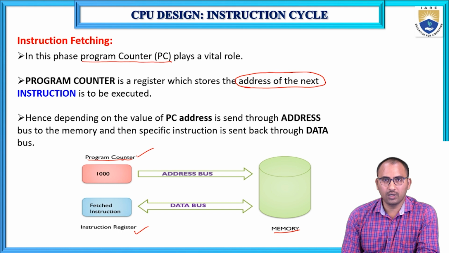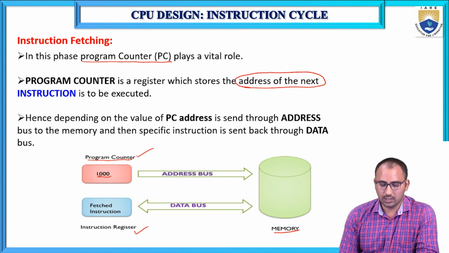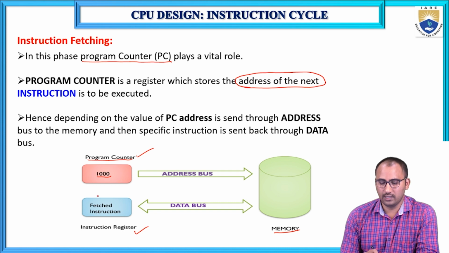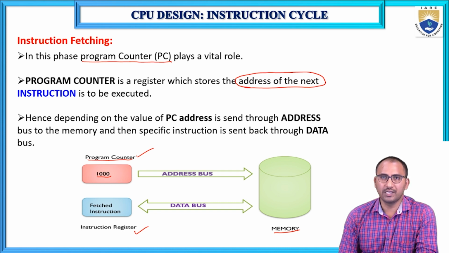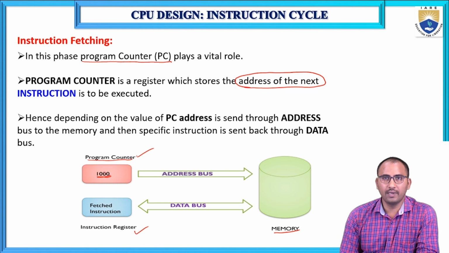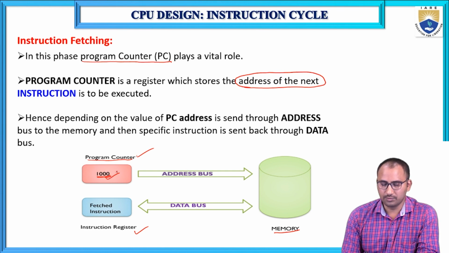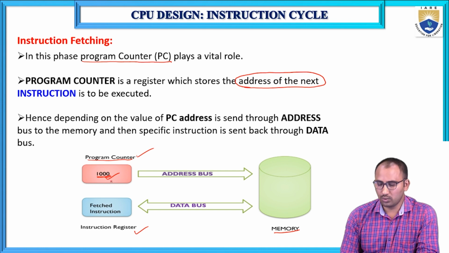Which address is there? 1000. So the 1000 address is stored in the program counter. That means whatever instruction is present at that address will be executed. So this address is sent to the memory through the address bus.